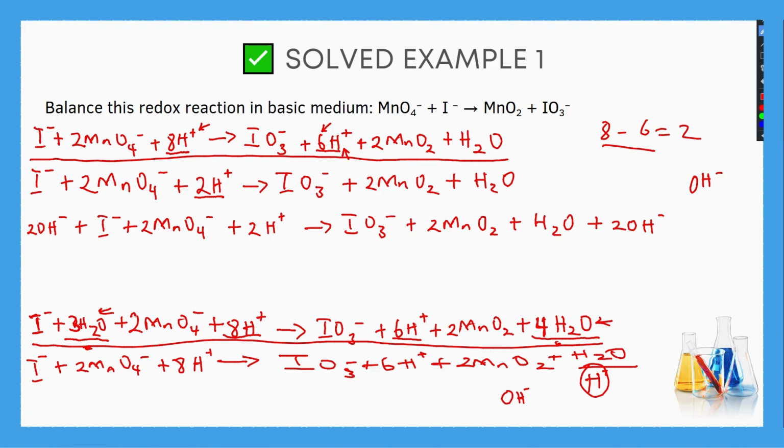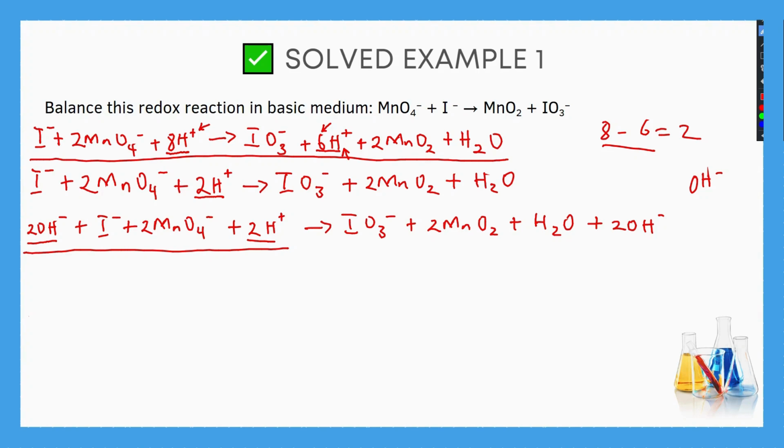The next rule now says wherever H⁺ and OH⁻ are on the same side, combine them to form water. So now, on this left hand side of the equation, you can see we have H⁺ and OH⁻. So the rule says wherever we have H⁺ and OH⁻, we'll combine them to form water. So let's do that very quickly.